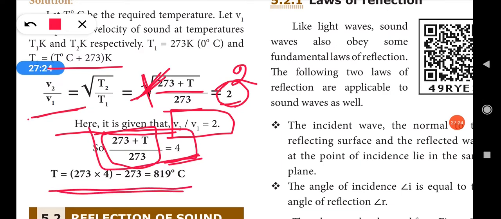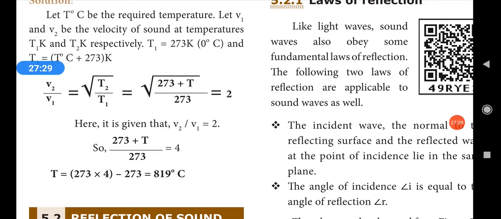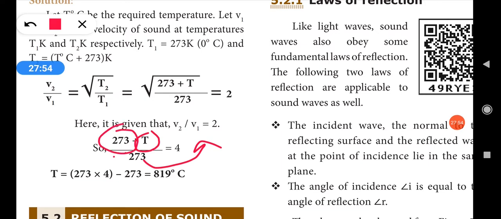So shift 273 here. 273 plus T is equal to 4 into 273. What we need is T, so when this 273 goes to the other side, it becomes minus. Therefore T is equal to 273 into 4 minus 273.